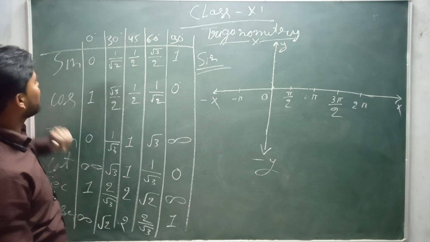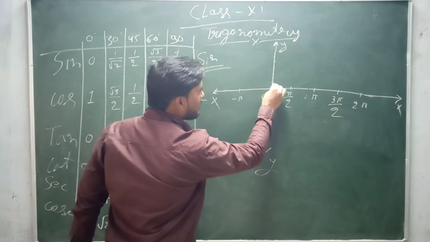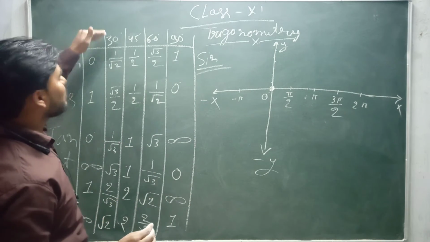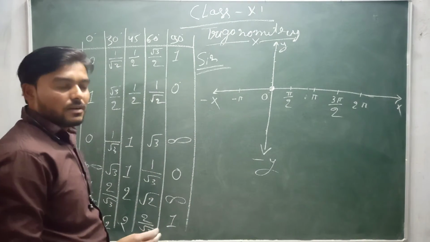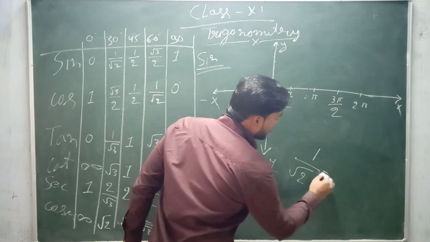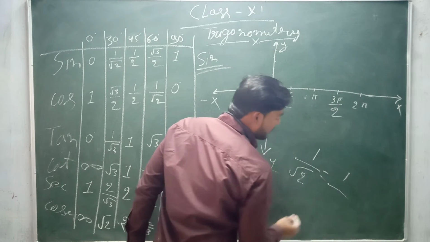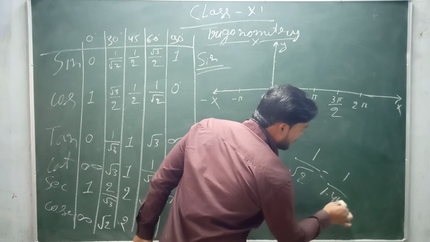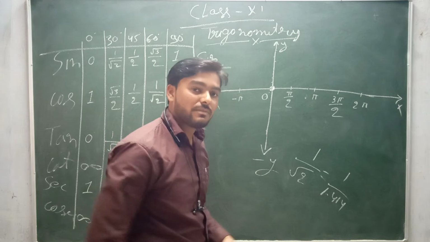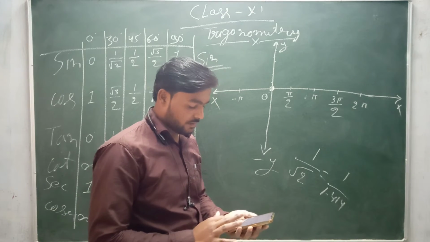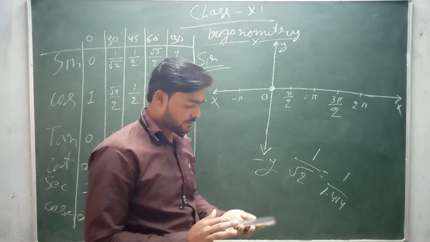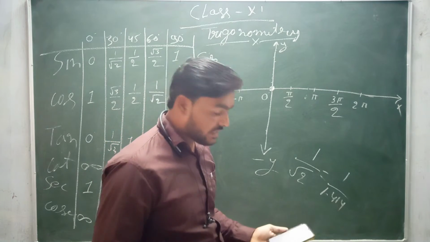Sin 0 equals 0. Sin 30 we take as 1 by root 2, and root 2 equals 1.414. What will be the value?